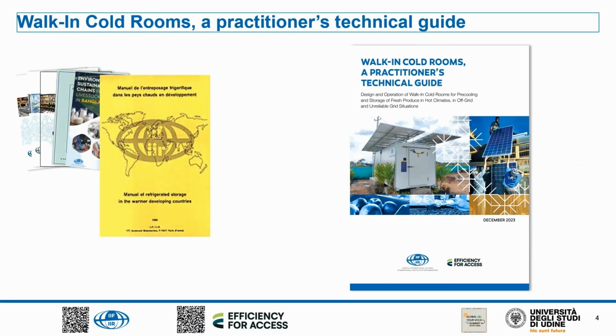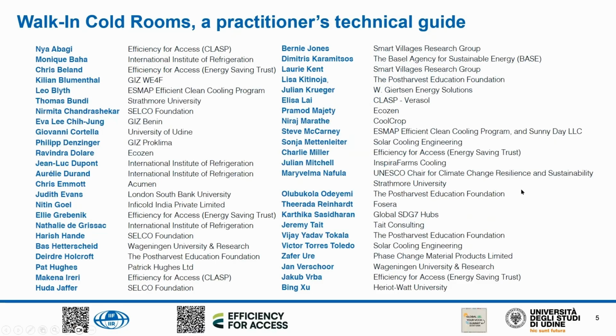This work was done with SEforALL and its Efficient Clean Cooling program, as well as Efficiency for Access, with their funding and mostly with their worldwide connections. So a strong team could be built involving people with not only technical background, but also field experience to give practical, solid advice in the guide.